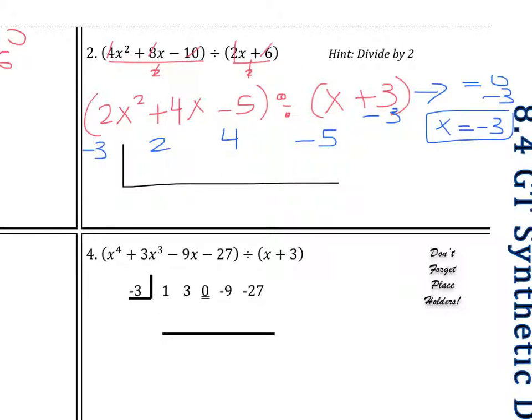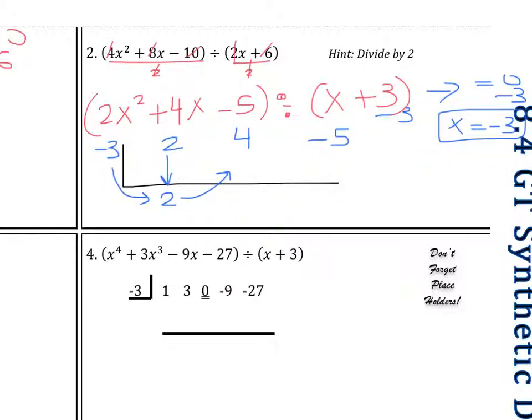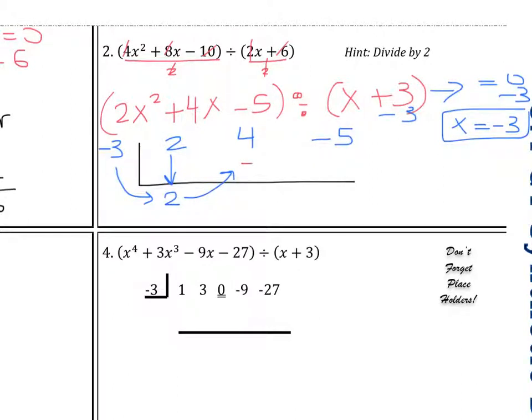Now remember, the first number always goes down. Negative 3 times 2 is negative 6. Now when you add these two, you get negative 2. Again, negative 3 times negative 2 is 6. Negative 5 plus 6 is 1. Box that because that's going to be your remainder.